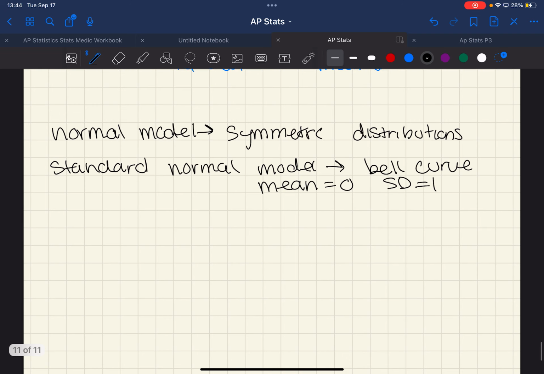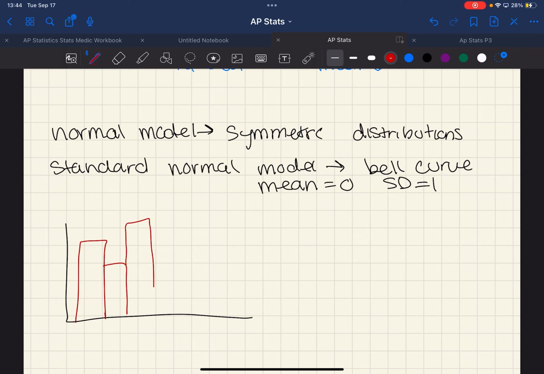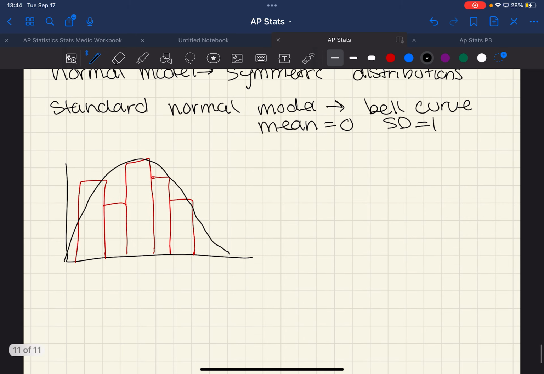So if we had a histogram here with different amount of bins, we could use that to create our standard normal model by saying this looks similar to the bell curve. We can also use the empirical rule, which is the 68, 95, 99.7 rule.